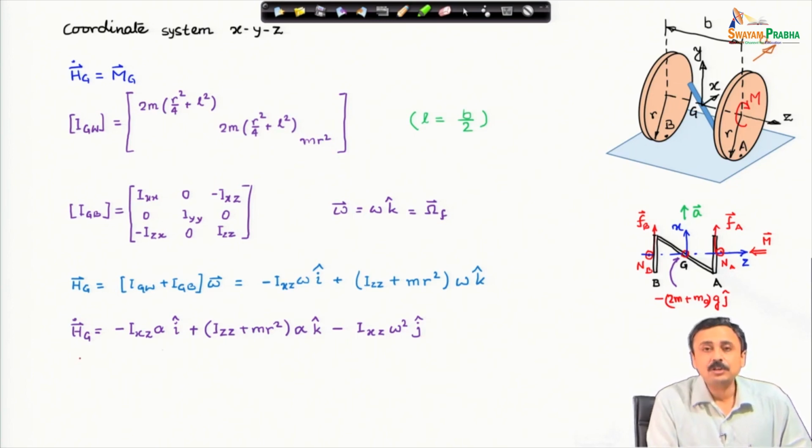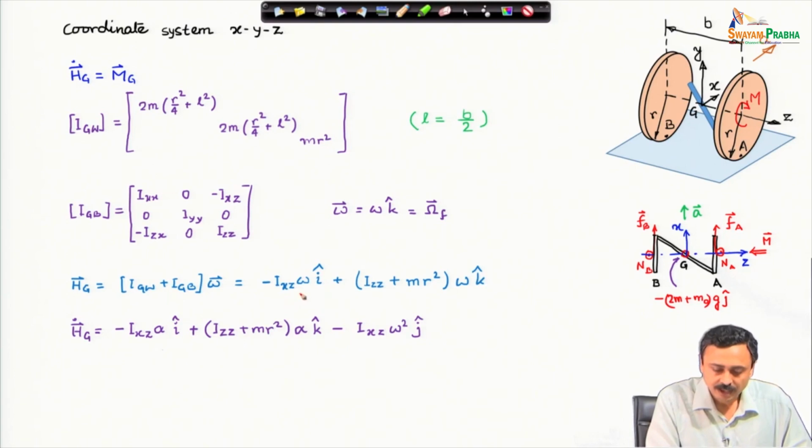Now the rate of change of angular momentum about G, I start differentiating this, following the prescription that we have. This is constant in the frame that we have, it is fixed to the body. Therefore, I have this time derivative of this, alpha, then this is constant, this is constant.